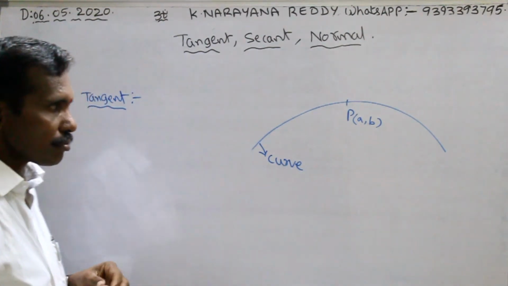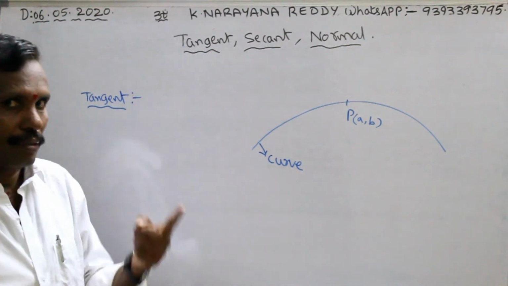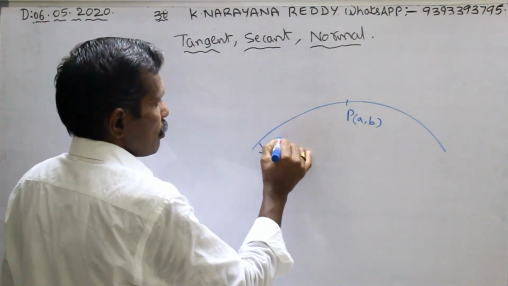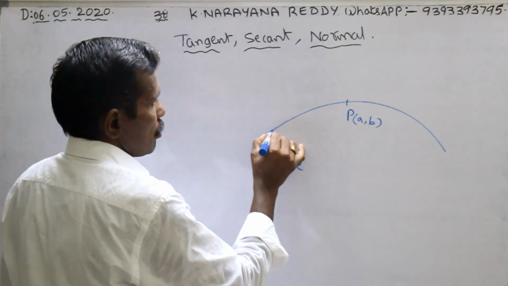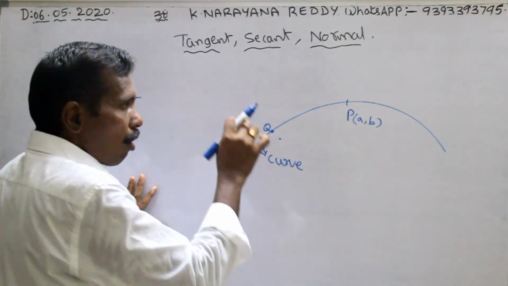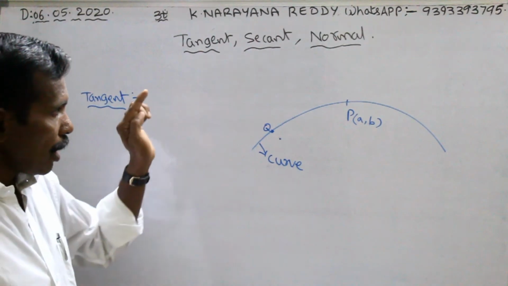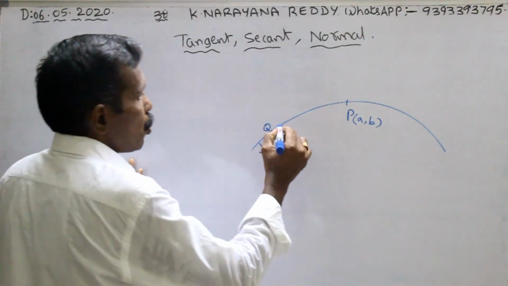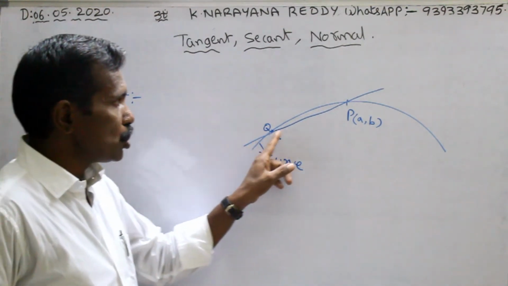Now there is another point near to P, a neighbor to P. We can take another point here on the curve, another point Q, also on the curve. Now join these two points.